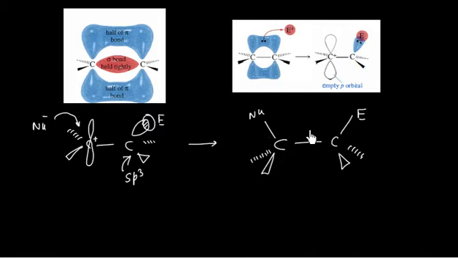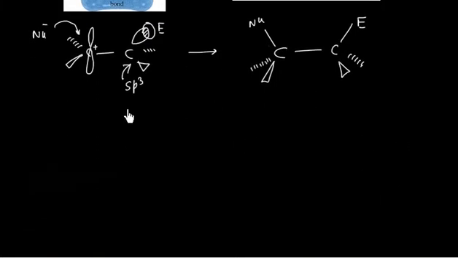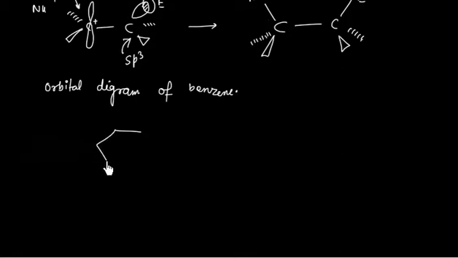Now let us discuss the case of benzene. Benzene and alkene are very similar. Let us see the orbital picture diagram of benzene. So this is the benzene.